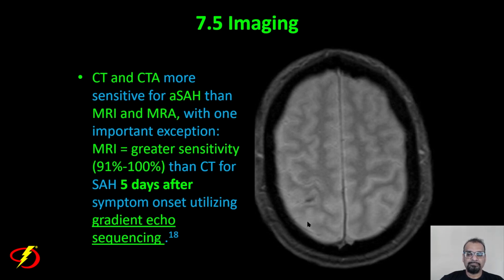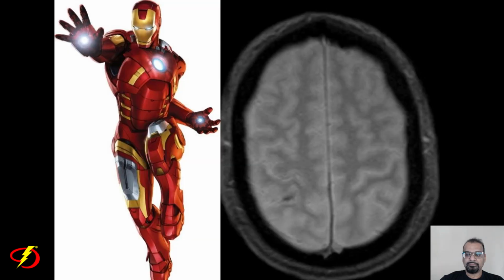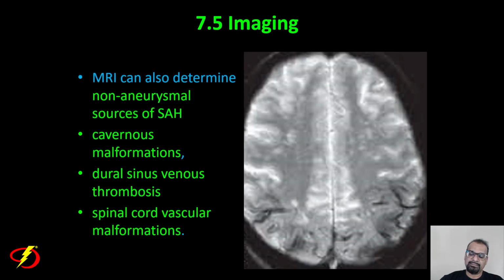However, 5 days later, we start getting things like this, iron deposition, which is picked up on gradient echo sequencing and allows us to see subarachnoid hemorrhage within this sulcal region of the brain. Again, it is this iron deposition that allows us to detect this subarachnoid hemorrhage days after symptom onset. Again, MRI is typically better 5 days after symptom onset than CT.